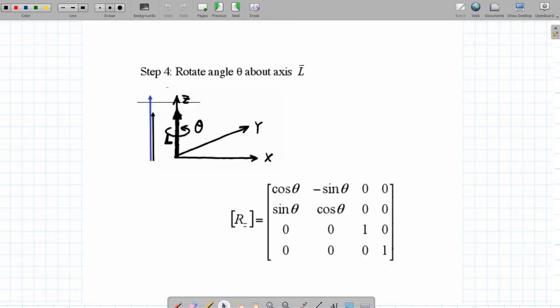Then comes a simple rotation with respect to the x-axis.